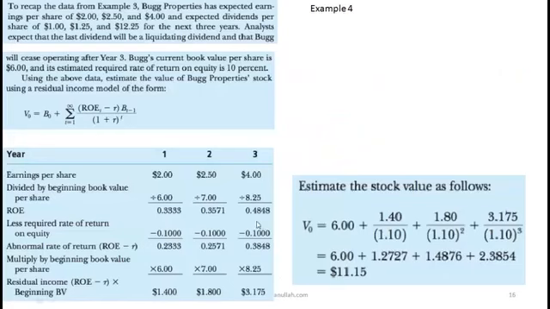Okay, so do example 4 now. Or just look at it. The answer is done for you, but I just want you to think through this. All we are doing here is simply using the formula that we just learned. So the value of a company is the initial book value plus the present value of (ROE minus R) times initial book value over 1 plus R. So the initial book value is the same as what it was before.